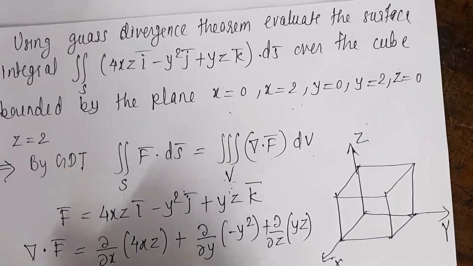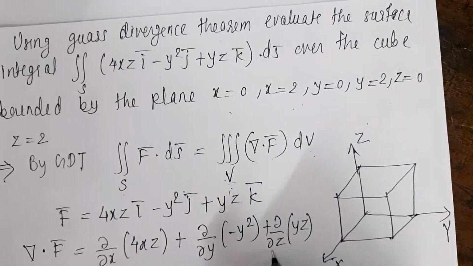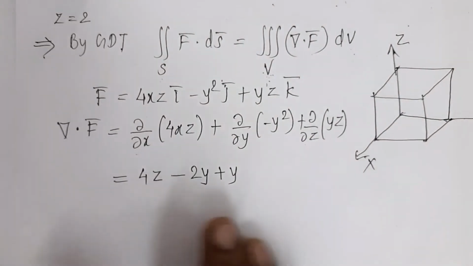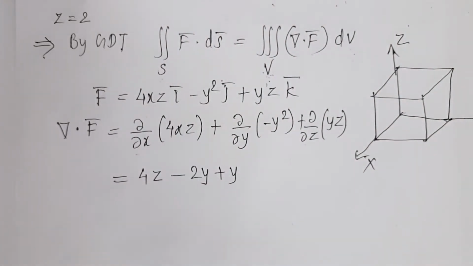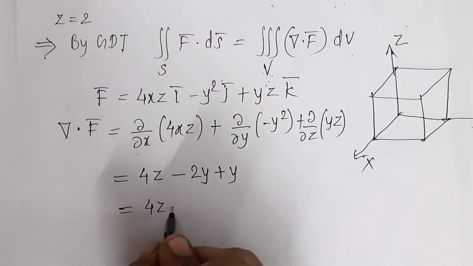So it is equal to del by del x of 4xz, which is 4z, and del by del y of minus y square is minus 2y. Del by del z of yz is plus y. So 4z minus 2y plus y, so minus 2y plus y, it is equal to 4z minus y.